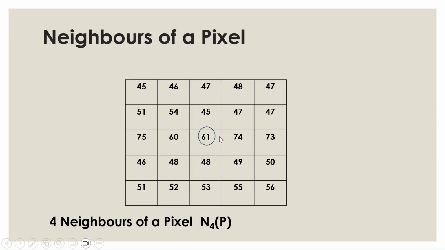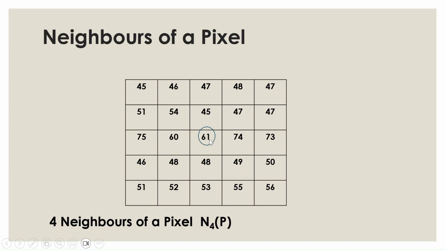So this is the reference pixel I am taking. To find the neighbors of a particular pixel at the center, we have to check for its neighborhood. That is, we have to check for the proximities. So there are two kinds of proximities. One is 4 neighbors, another one is 8 neighbors.